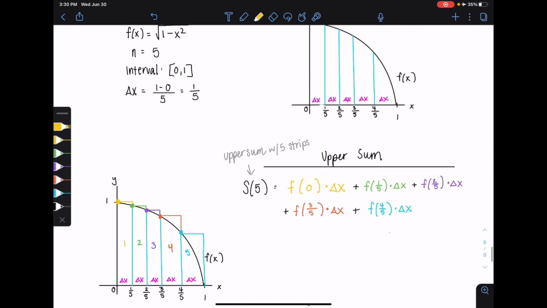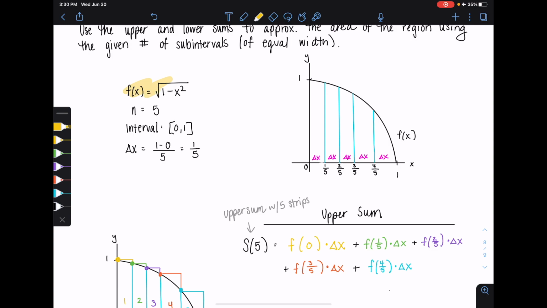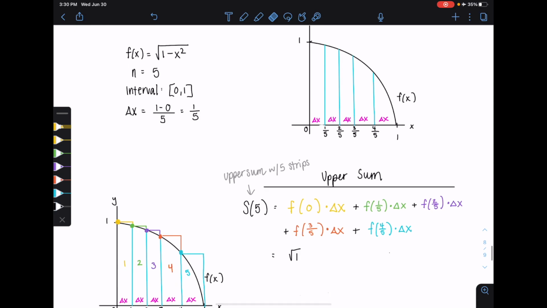So all of these values I want to plug into this function, square root of 1 minus x squared. And so if you go through and do that, when you plug in 0, it'll be square root of 1, and then we'll times it by 1/5. If you plug in 1/5, it'll be 1 minus 1 over 5 squared. So you're going to get square root of 24 over 5, and then times 1/5.